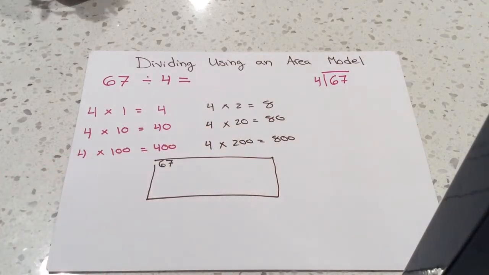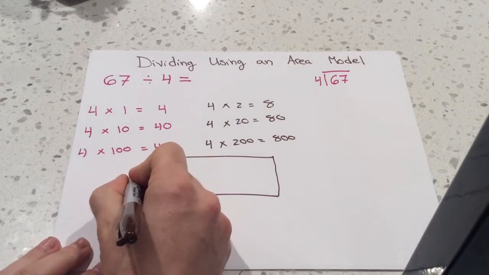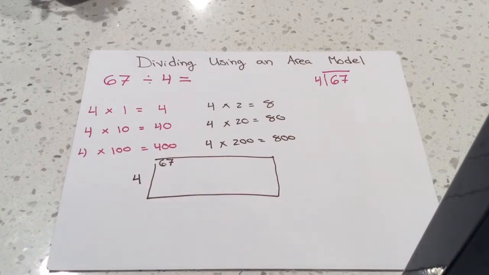So I have 67, and I put what I'm dividing by, or my divisor, on the outside. Just like how we can use repeated addition to multiply, we can use repeated subtraction to pull out equal groups.